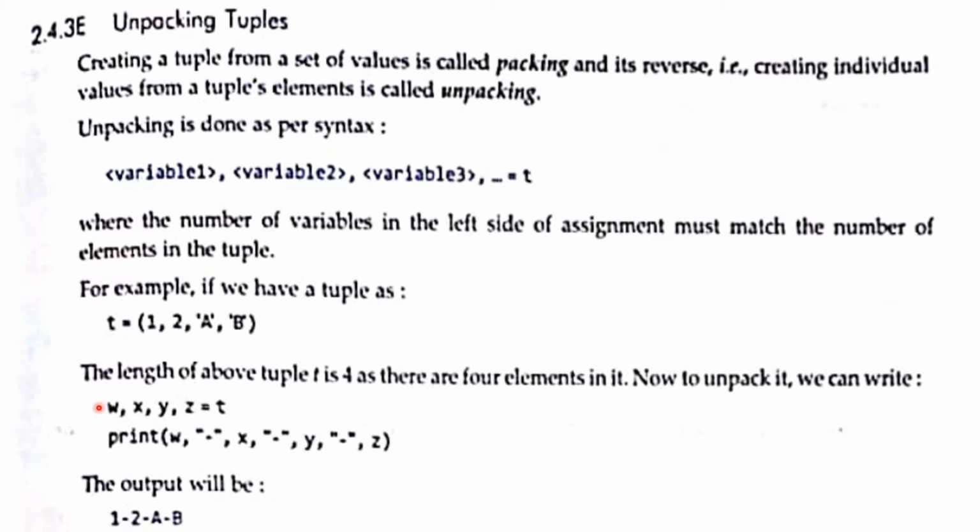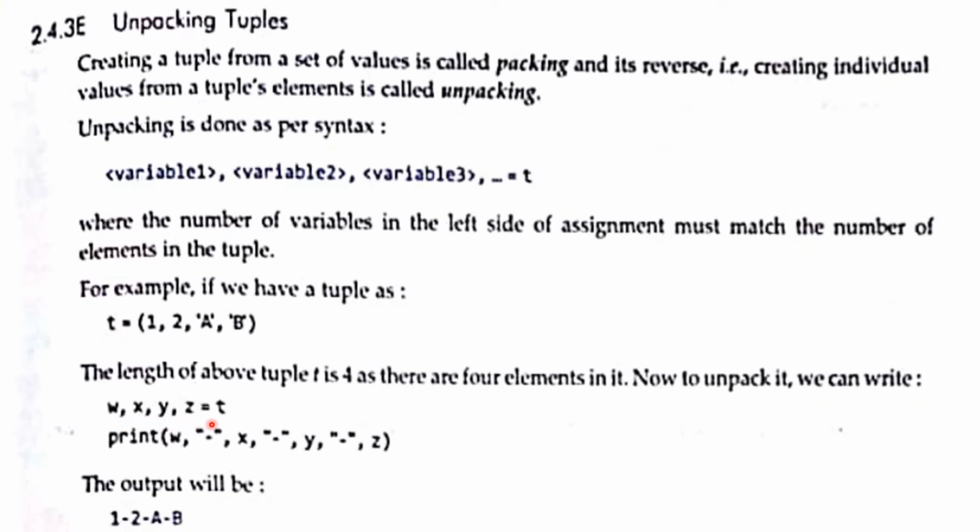The example is given, T is equal to (1, 2, 'A', 'B'). The length of the above tuple is 4 as there are 4 elements in it. To unpack this we can write W, X, Y and Z, so these 4 variables on the left hand side.